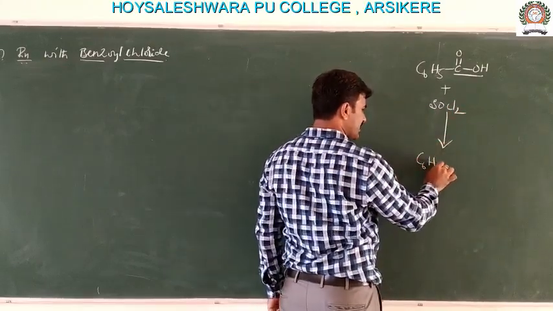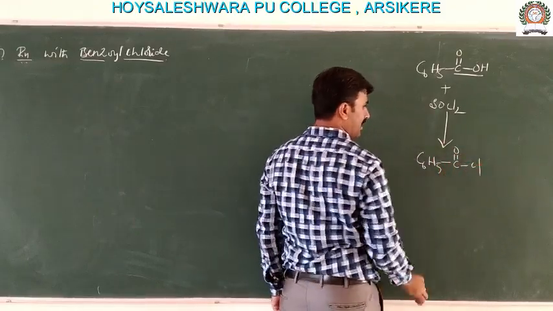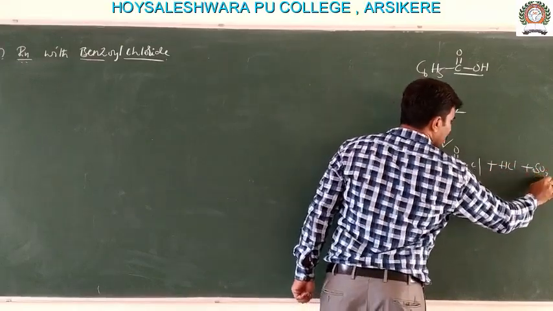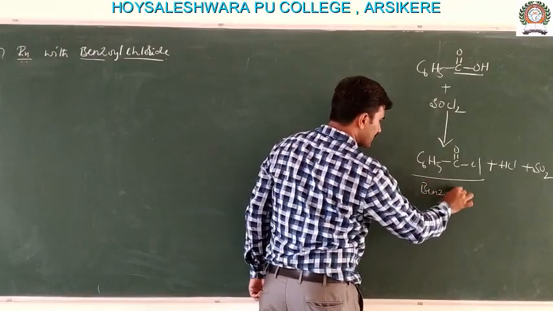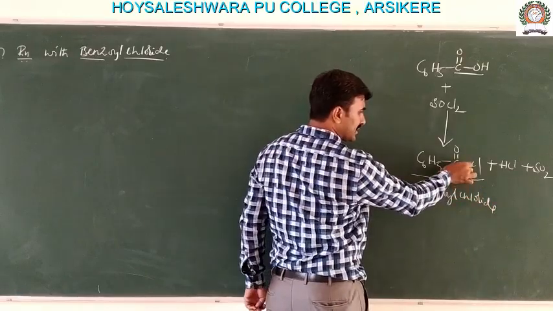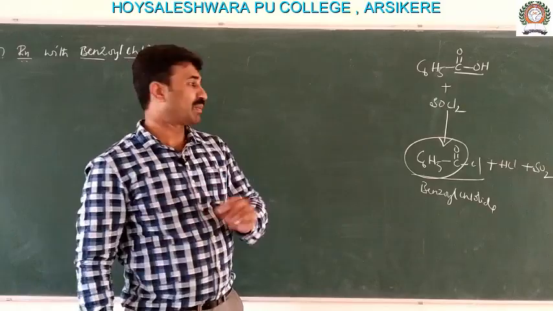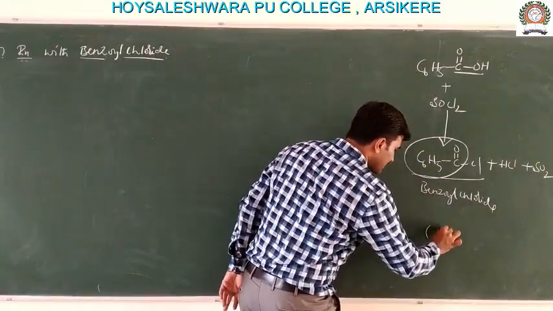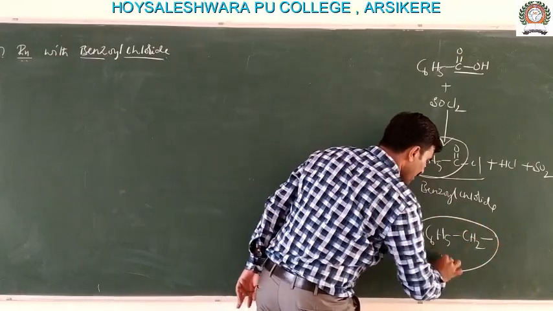It forms C6H5C double bond O Cl plus HCl plus SO2. This is benzoyl chloride. The C6H5C double bond O group is called as what? Benzoyl group. Benzyl means C6H5CH2 group is called as benzyl.